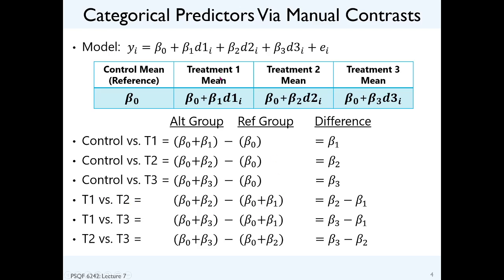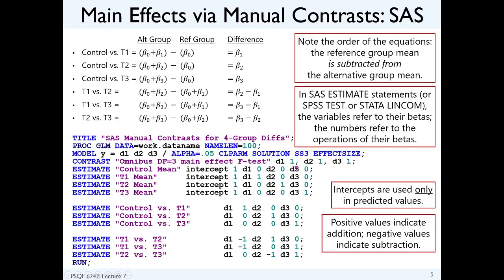So even though there's only 3 slopes going into the model, it does produce all 6 possible pairwise or between sets of 2 differences, and it can be used to produce any other differences that are linear combinations. So we could lump together all 3 treatment groups and ask for their mean versus control, and the model would allow us to get that information at the same time.